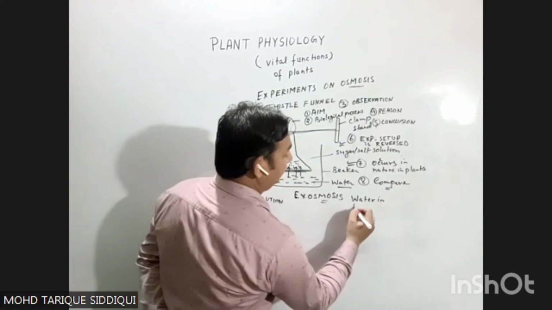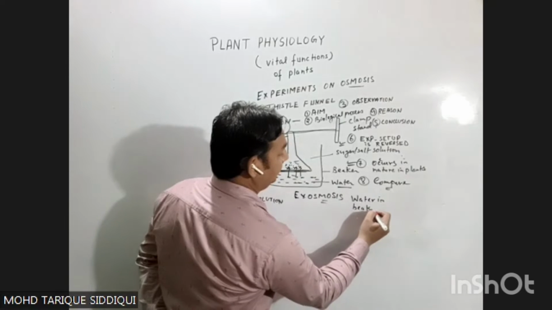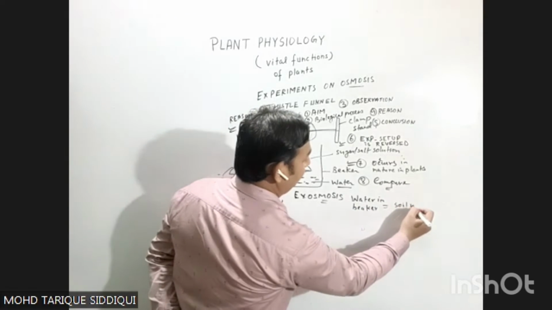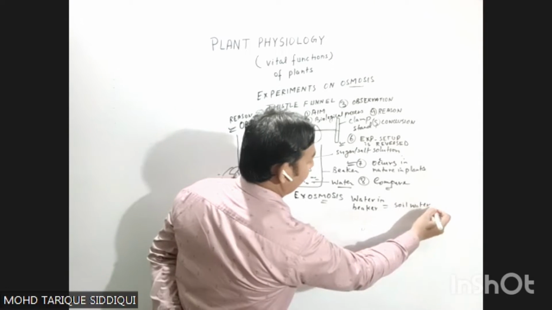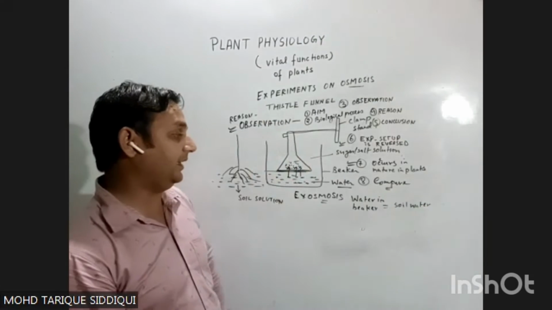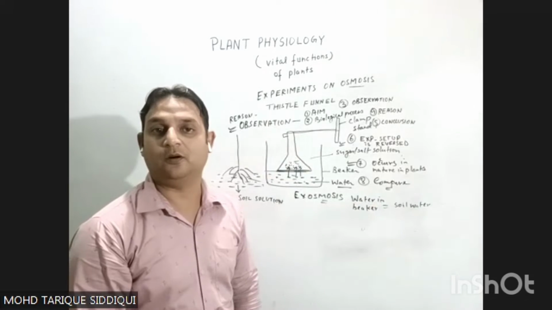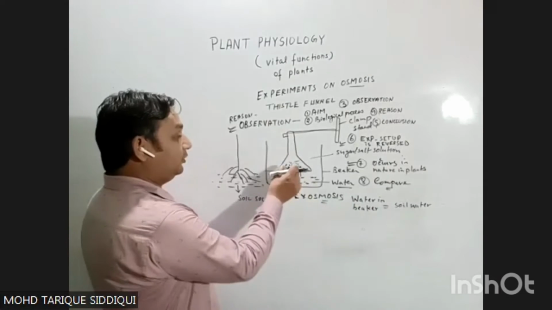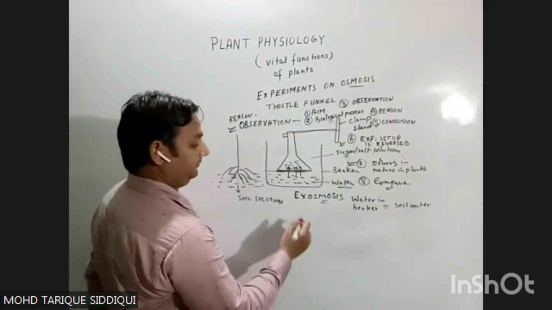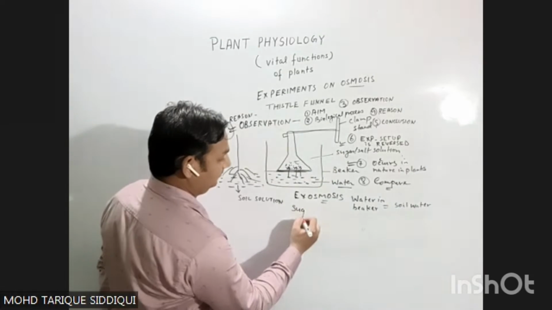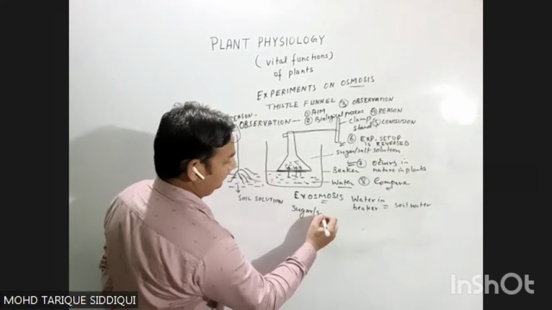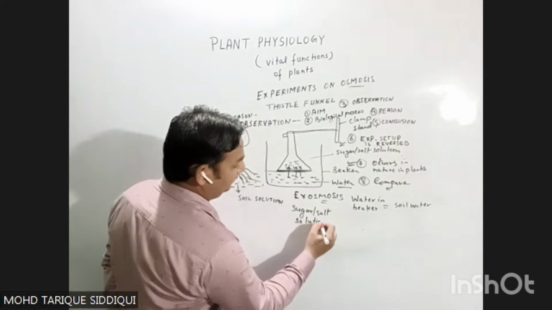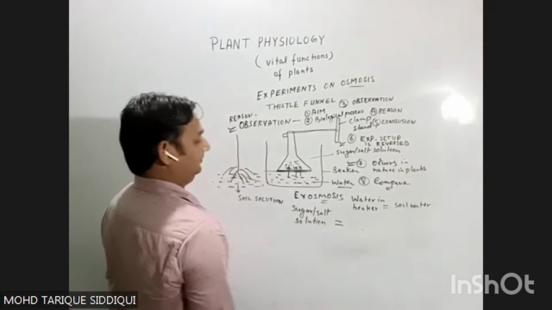Water in the beaker is equal to soil water. Then sugar or salt solution: the root hair has a vacuole having the sugar or salt solution.